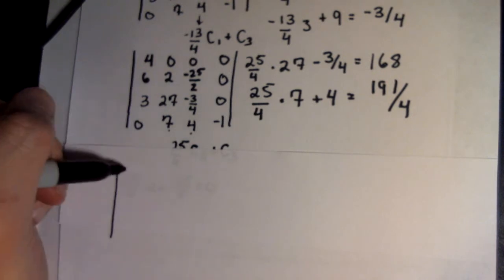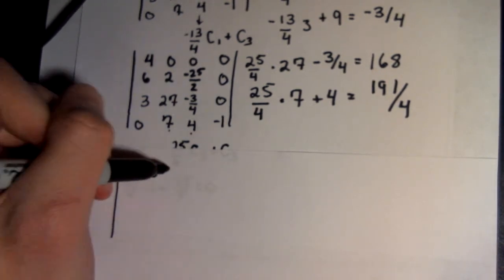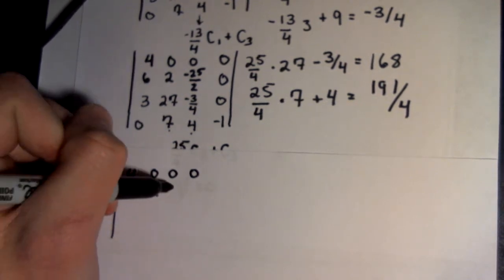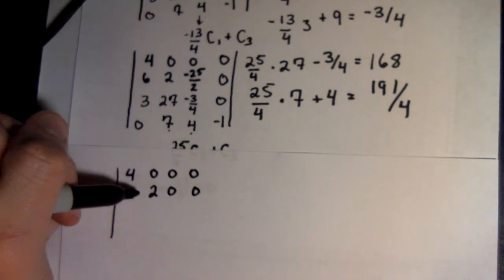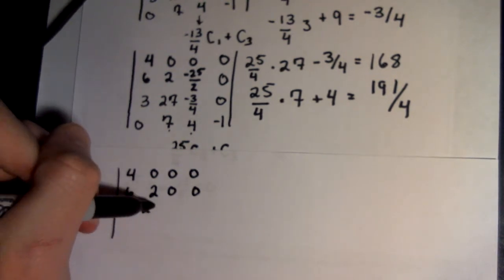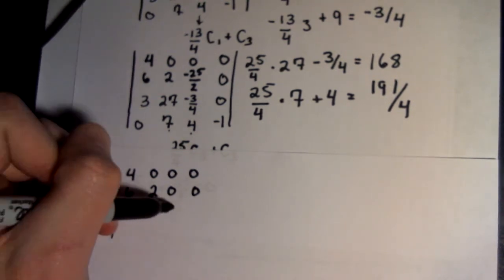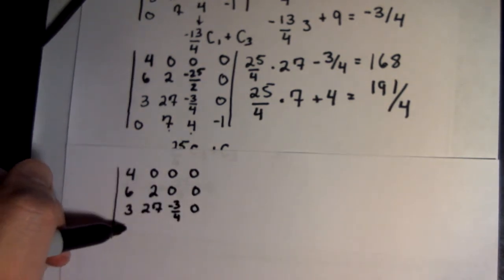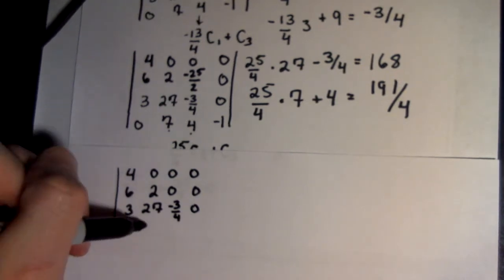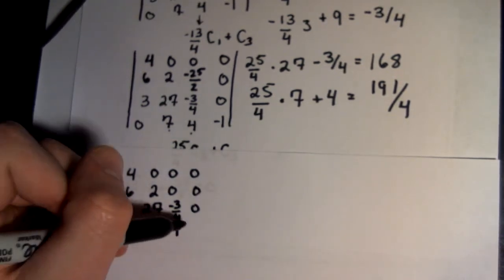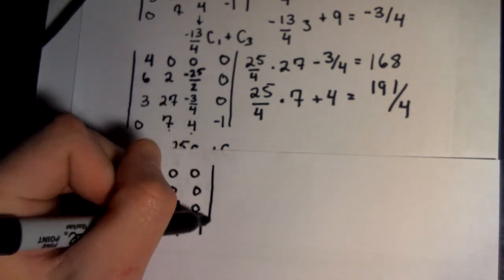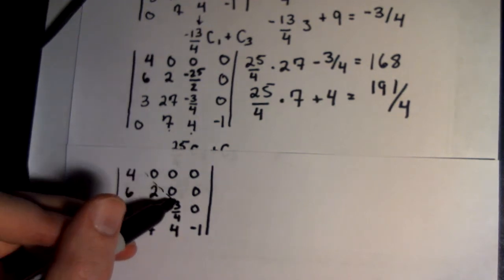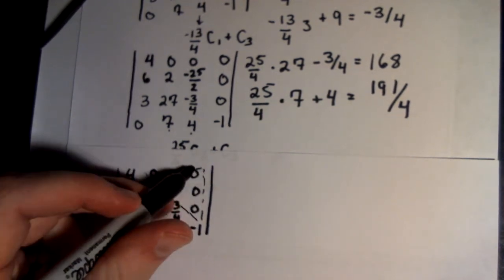So this will become 4, 0, 0, 0, 6, 2, 0, 0, 3, 27, negative 3/4, 0, and this last row will be 0, 7, 4, negative 1. So now we have a lower triangular matrix. We have finally found all the zeros here.